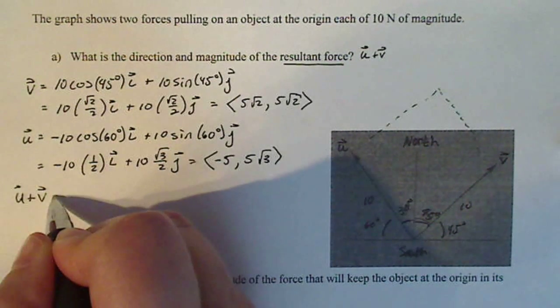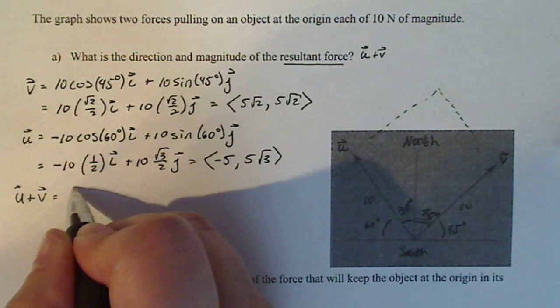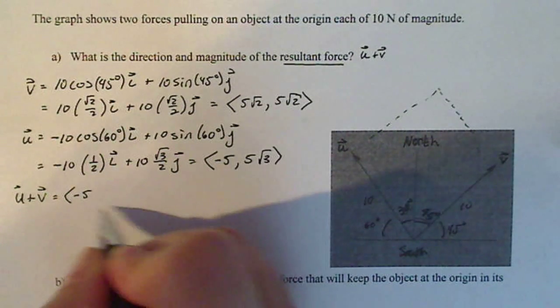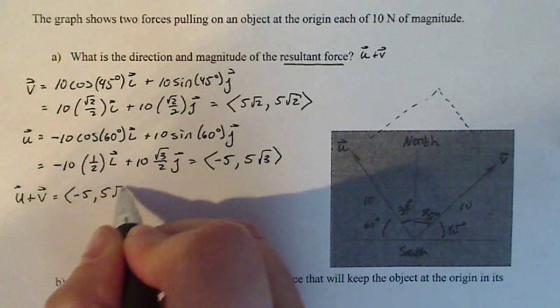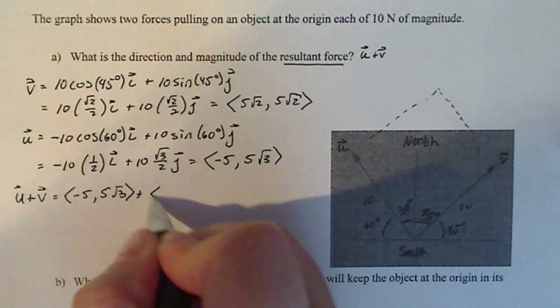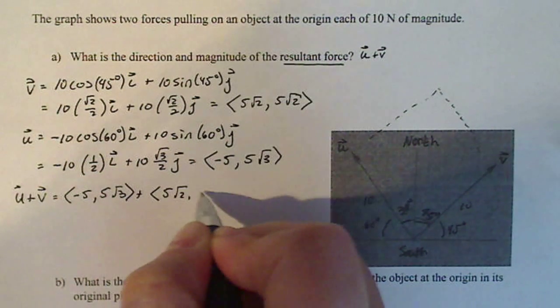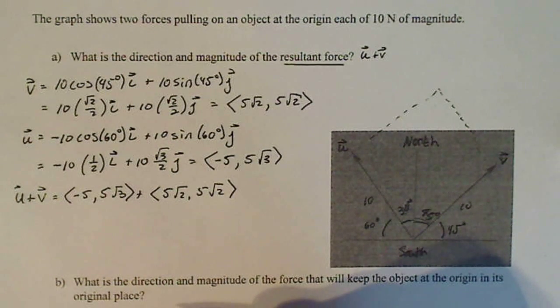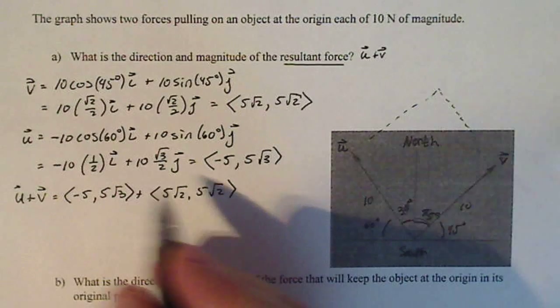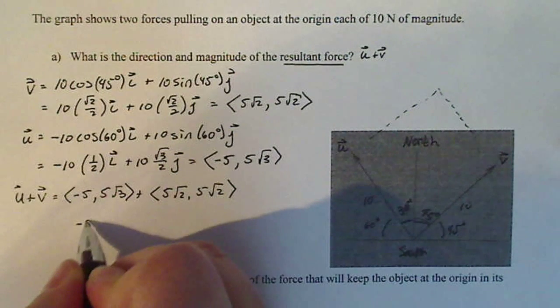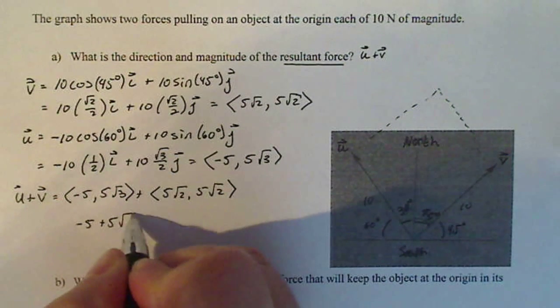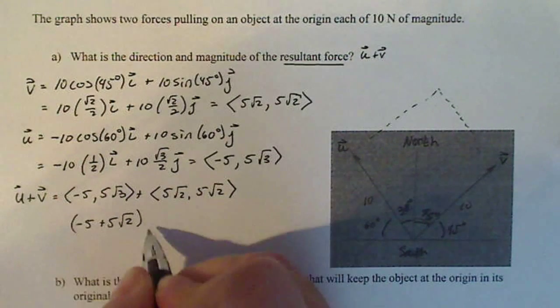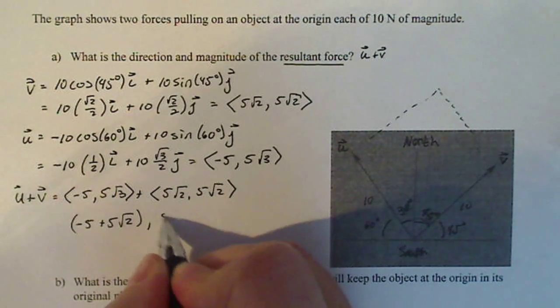That's going to be minus 5 square root of 3, plus 5 square root of 2, 5 square root of 2. Now, remember when you add vectors, you have to add like components. So I have to add the i's together, and I have to add the j's together.